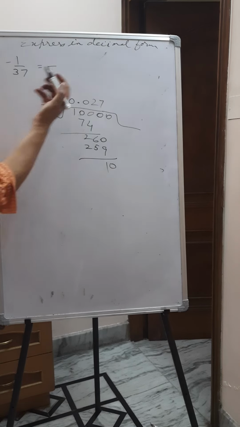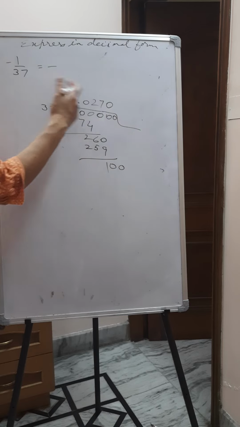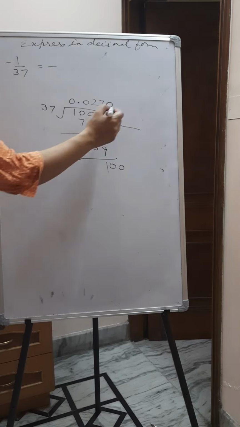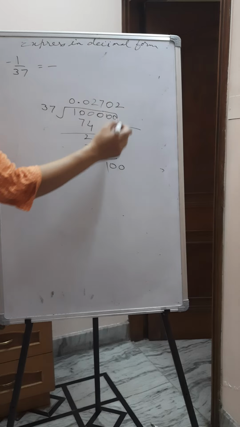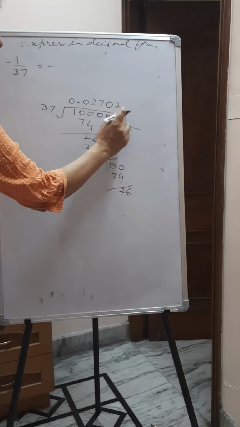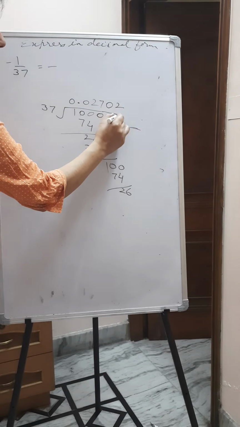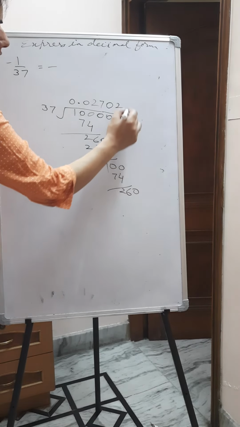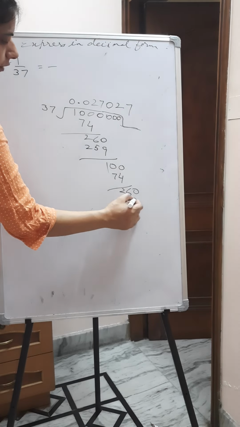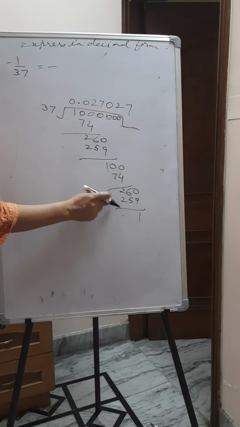Again 10 is smaller. So put the 0 here to get one more 0. So put the 0 on the 100. You will get the same 2, 74, 26. Again put one more 0. 260, 7, 259. Again 1. After 2 steps 1, after 2 steps 1.